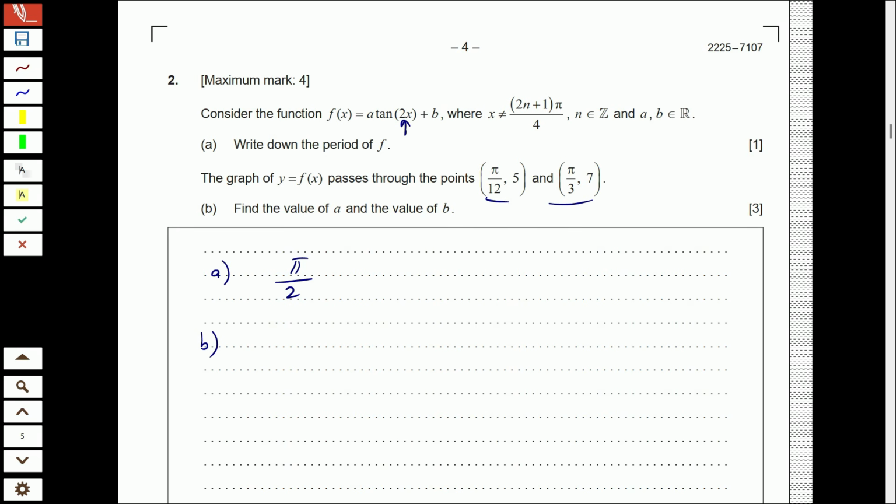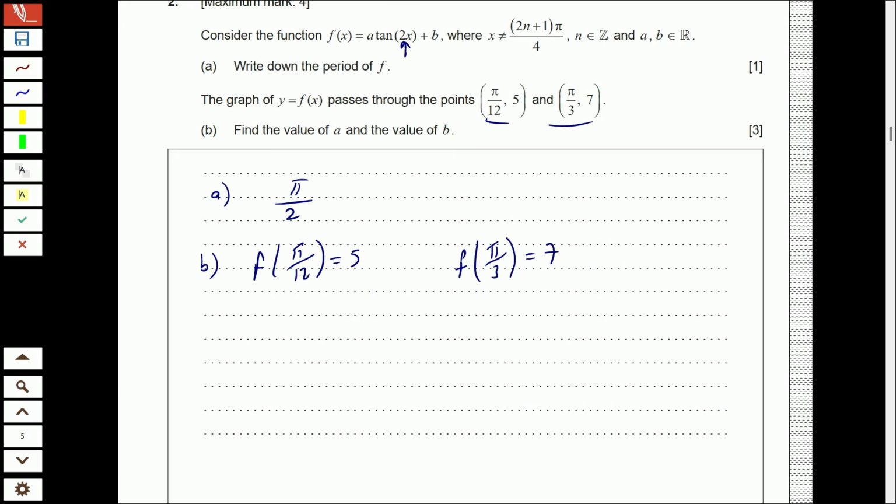So I know that when I plug pi over 12 into the function, the output will be 5. In the same manner, if you replace x with pi over 3, the output will be 7. So I will do that, and our expression of the function is alpha times tangent 2x plus b. So alpha times tangent 2 times pi over 12 plus b equals 5.